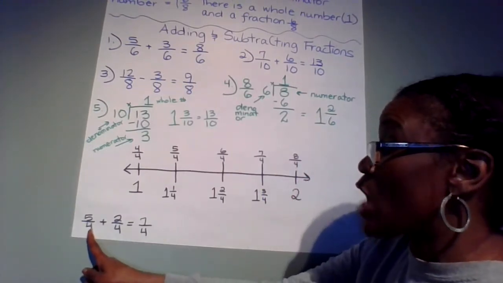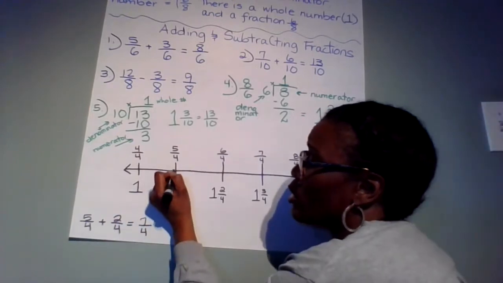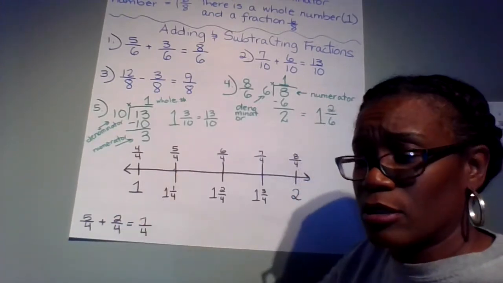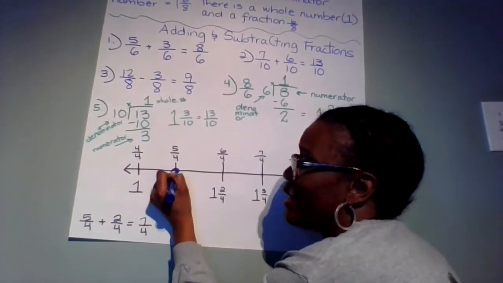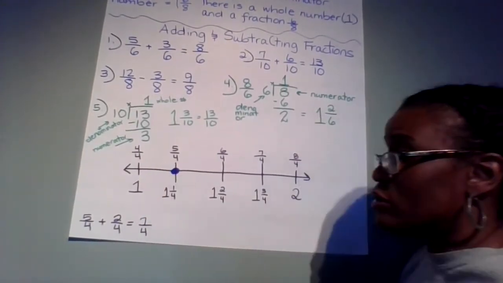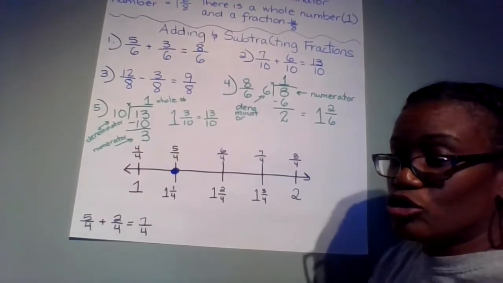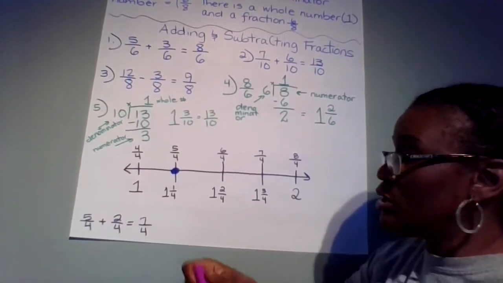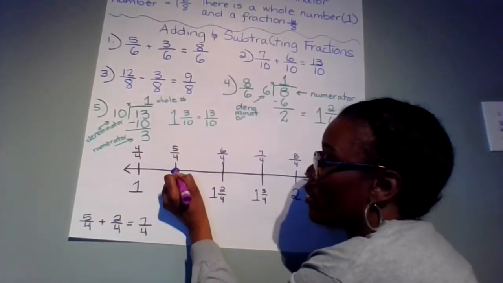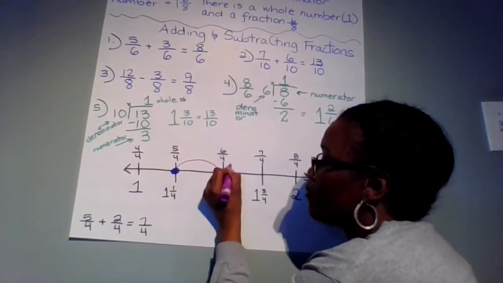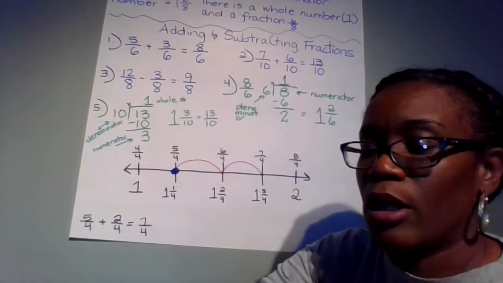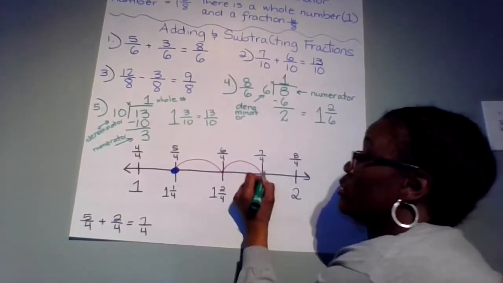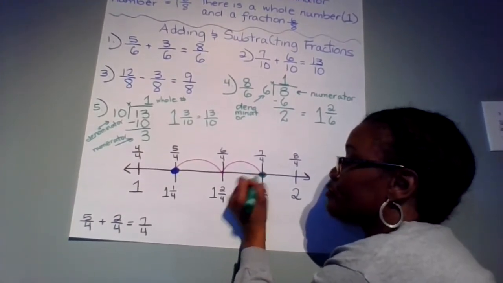So scholars, I started off adding. So I'm going to use my big marker and plot my 5/4, and I'm going to move 2/4. Let's come in with our purple marker. I'm going to go 1, 2, and I'm going to plot finally with my green marker.